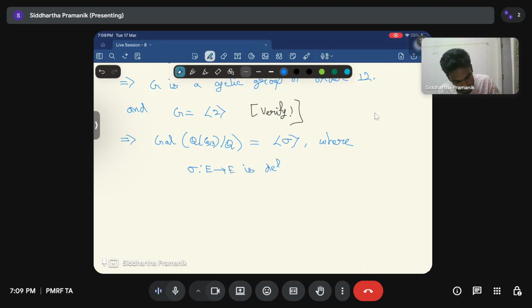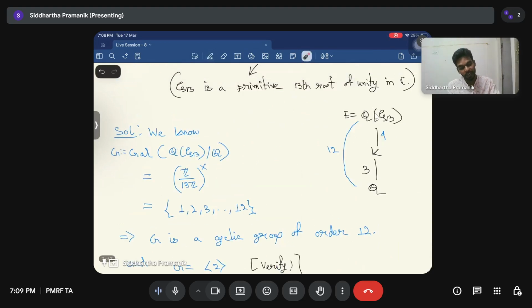So where sigma from E to E is defined by sigma of a is a squared. But what do we want to do? We want to find a primitive element of this subfield.